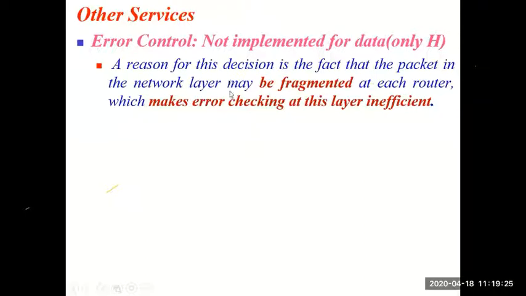A simple reason why it is done in this way is because please remember, at every intermediate router there is a chance that data will be divided into smaller fragments, based on the network where it should be passed on next. Suppose I have a network with larger packet size and it is going to a network which has a smaller packet size, say for example from a wireless to wired network.